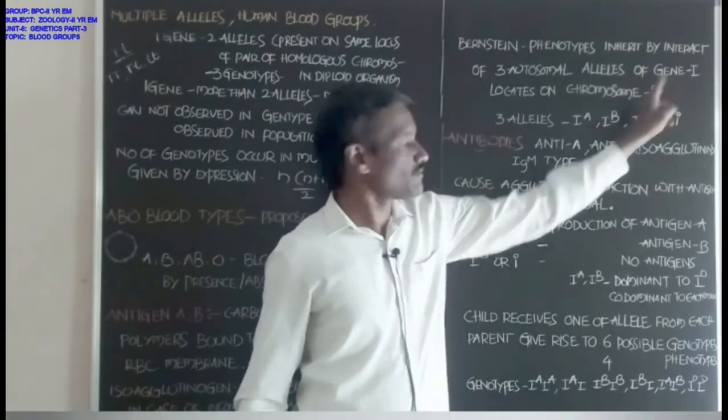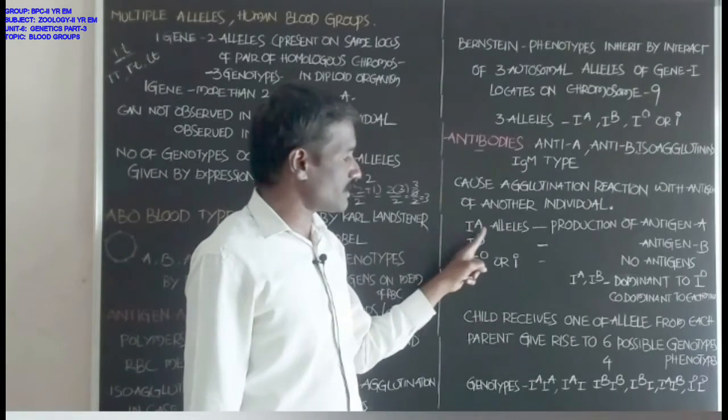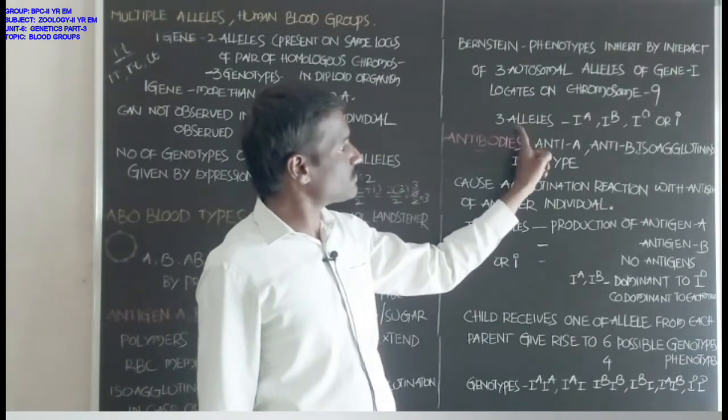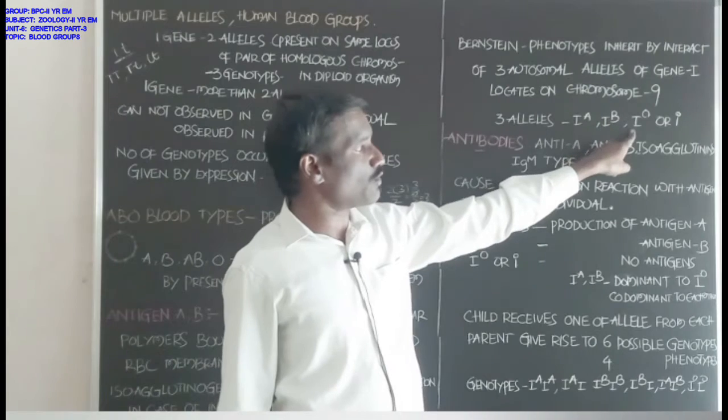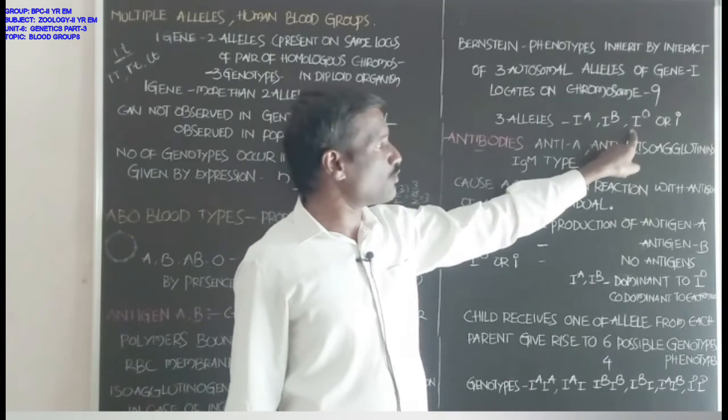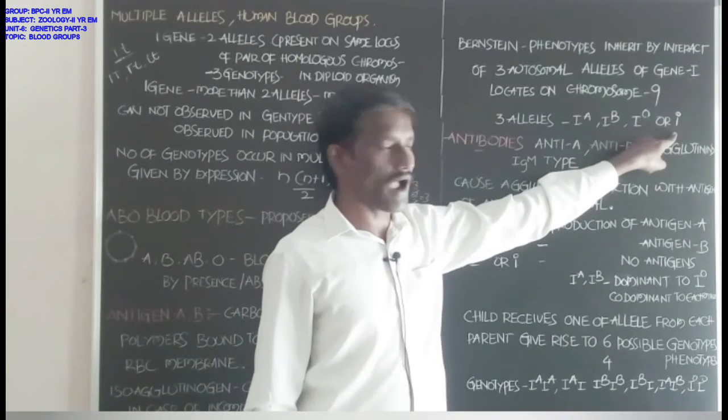The gene I is the gene with three alleles, student: IA, IB, IO. IO is also called i.